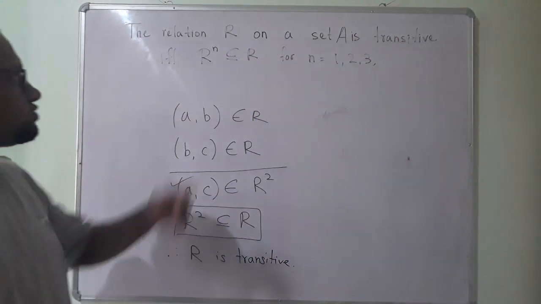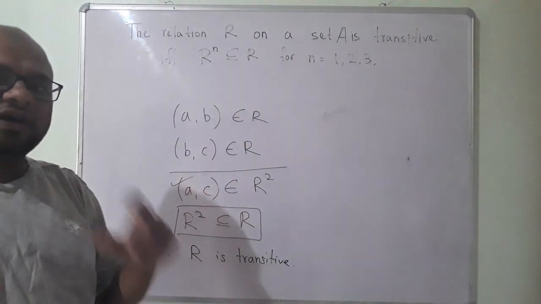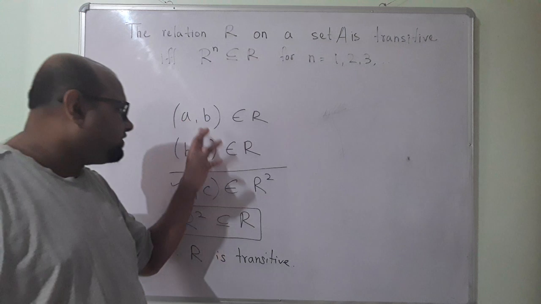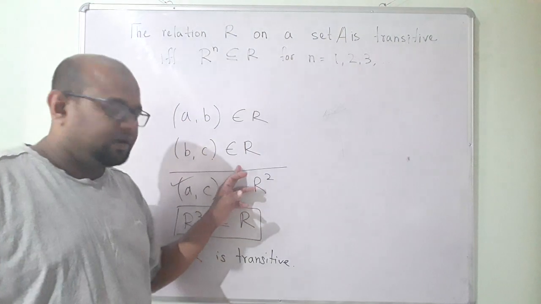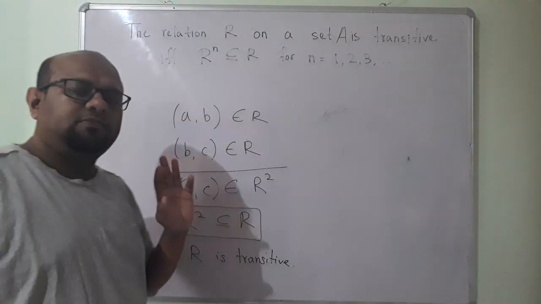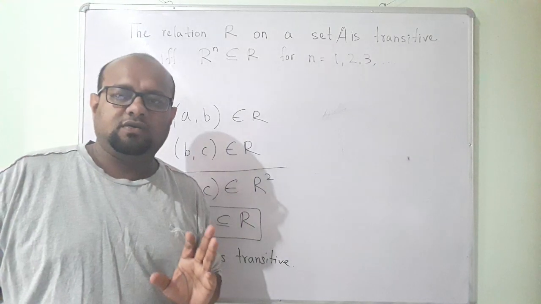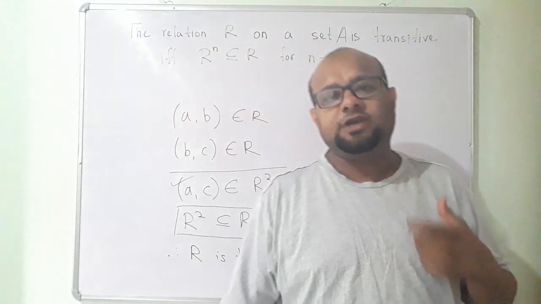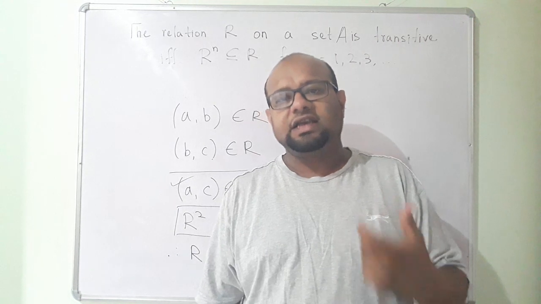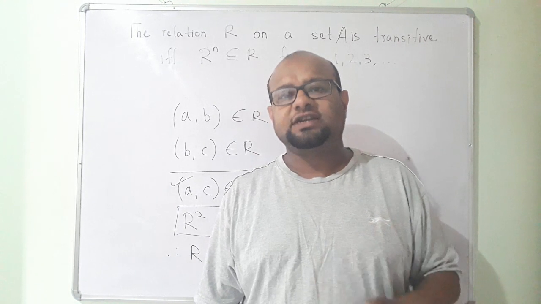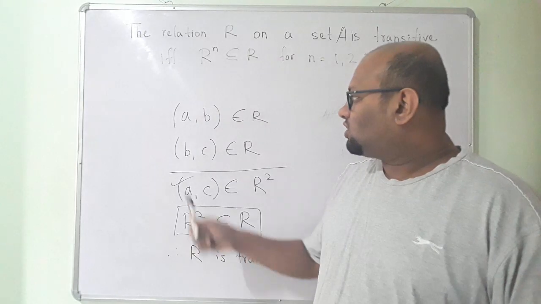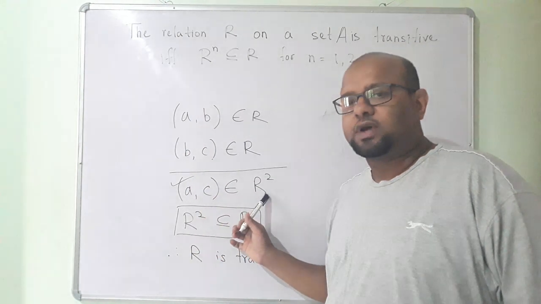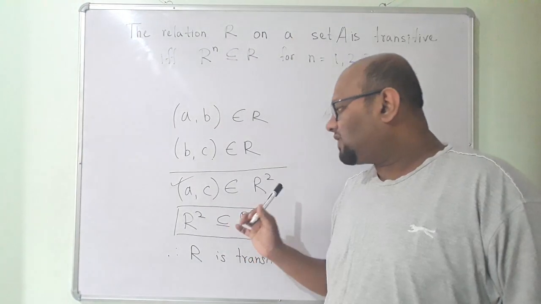So we have shown that if this is true, then R is transitive. How did we show that? We showed that if AB and BC belong to R, then AC also belongs to R. That is the definition of transitive. We assumed these two belong to R, then AC belongs to R square by definition of R square.